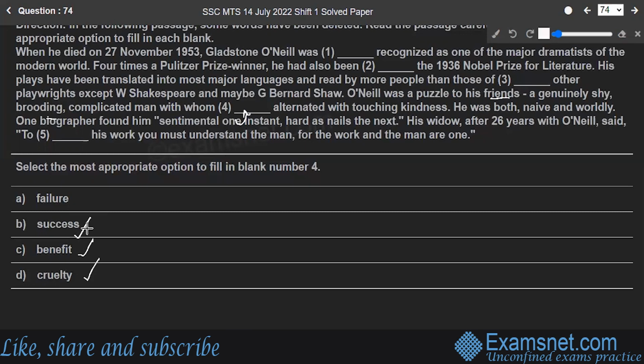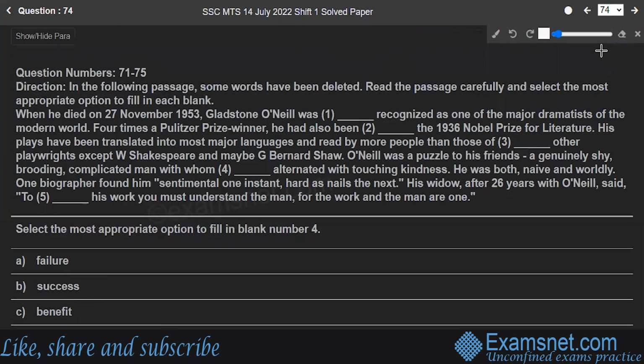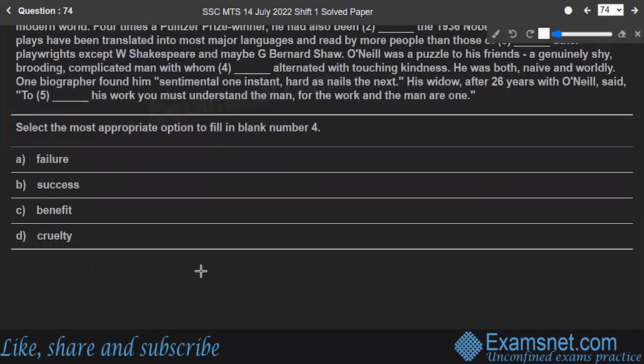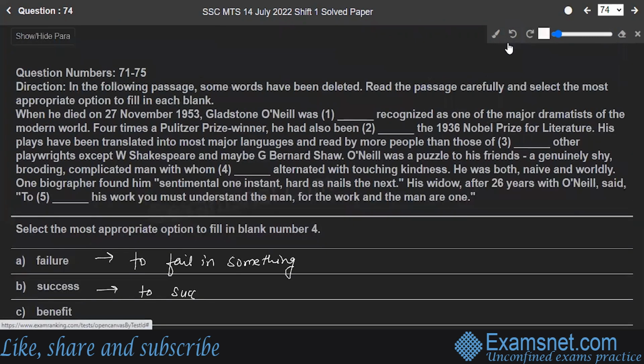To answer the question, let's discuss the meaning of all the words one by one. First of all, you have a word failure, which means failing to perform a duty, to fail in something. Success means to succeed in something.